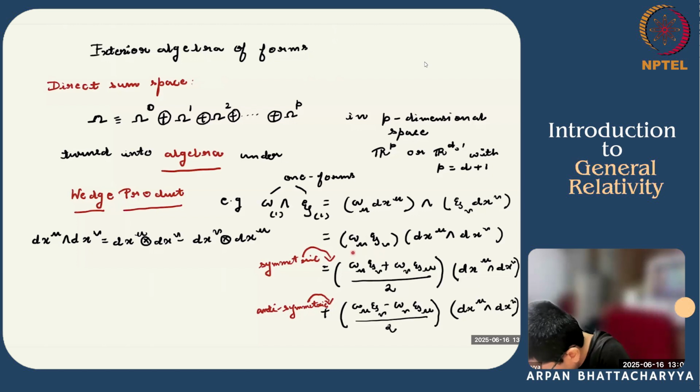And then we can rewrite this into two parts, one symmetric and one antisymmetric. Remember, dx^mu wedge dx^nu is completely antisymmetric.